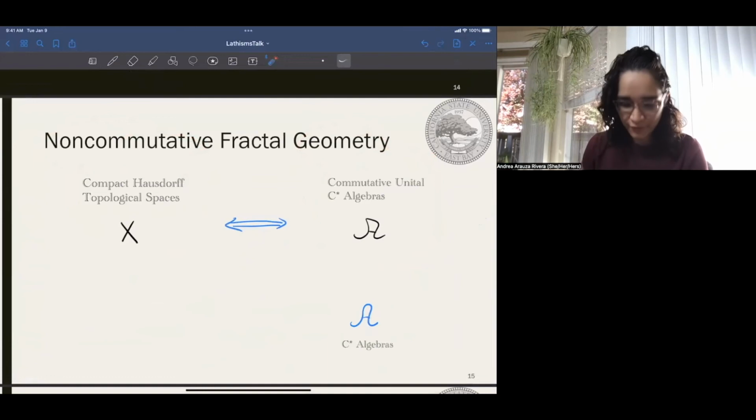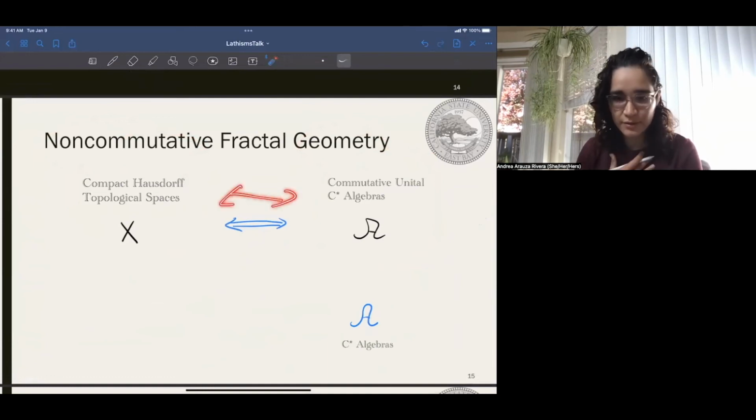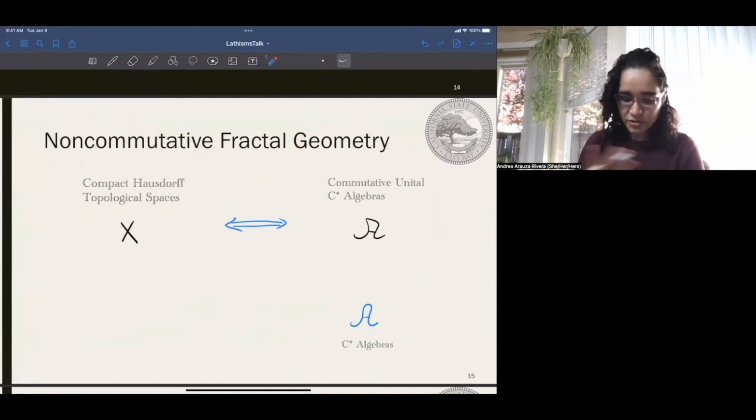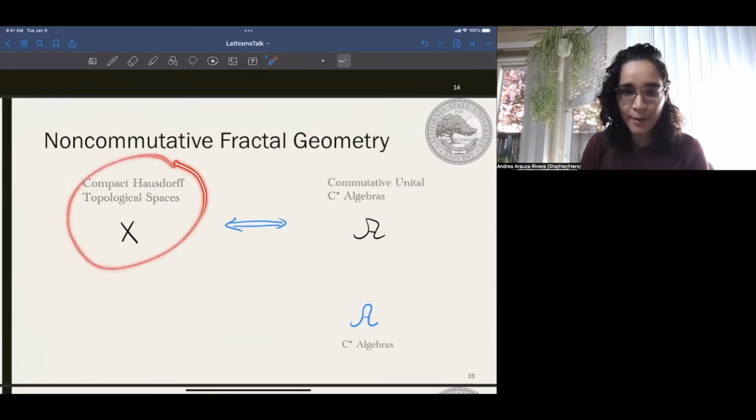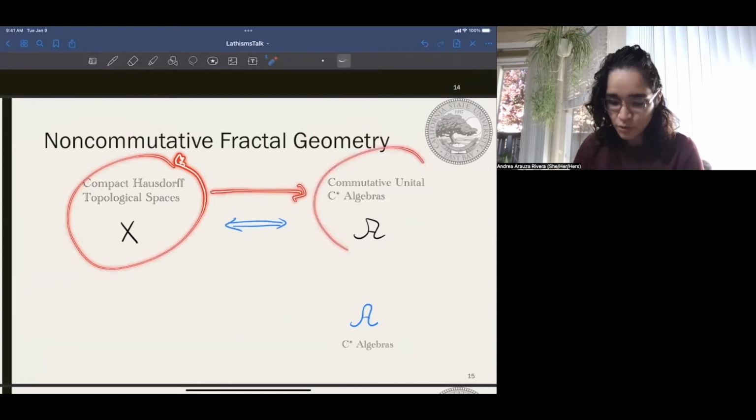So there's a way for me to translate back and forth between these two categories. For example, if I have some problem about topological spaces, one thing I can do, to either use different tools or gain a different perspective, is take that problem and translate it into a problem about C-star algebras. And then I have a new perspective, a new set of tools to attack the problem.